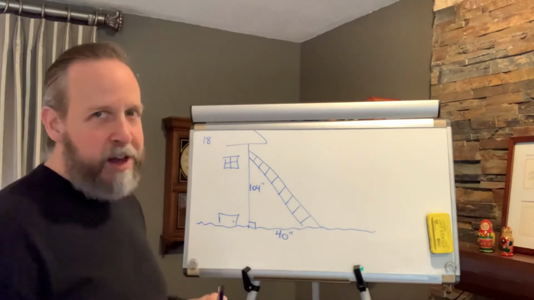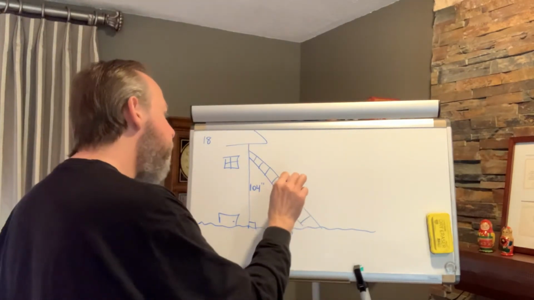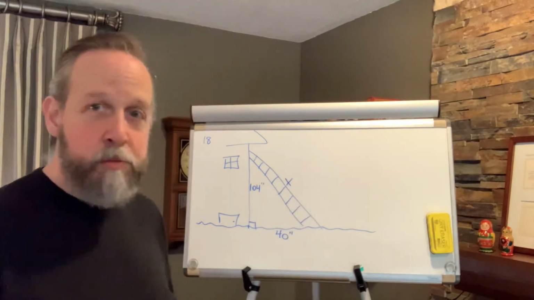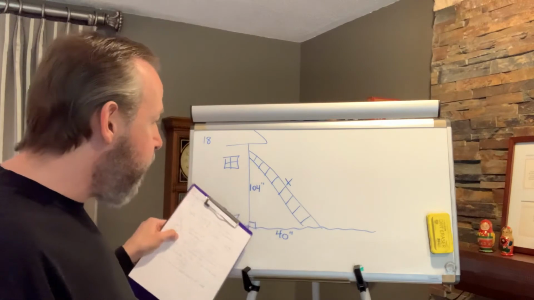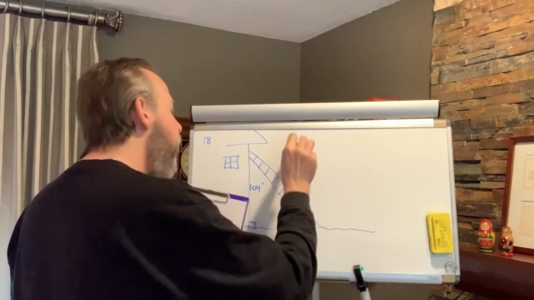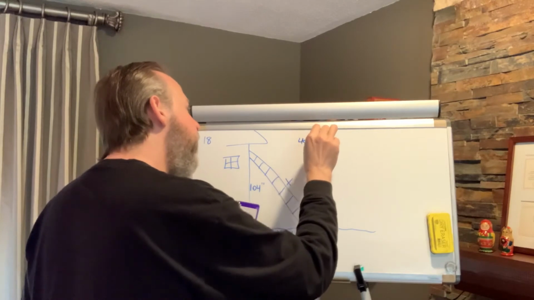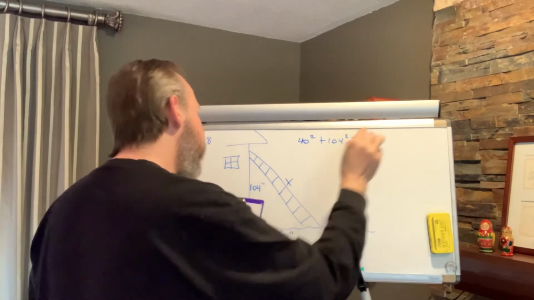We have a triangle, obviously. The question was, how long is the ladder? I've got a right triangle, where I have the leg of 40, the leg of 104, and the unknown hypotenuse. So I'm going to use the Pythagorean theorem. 40 squared plus 104 squared equals x squared.